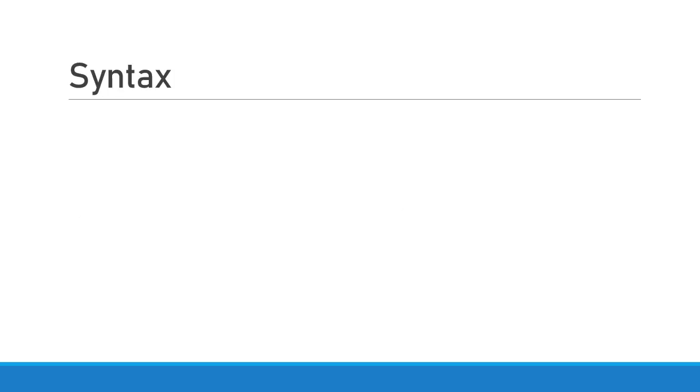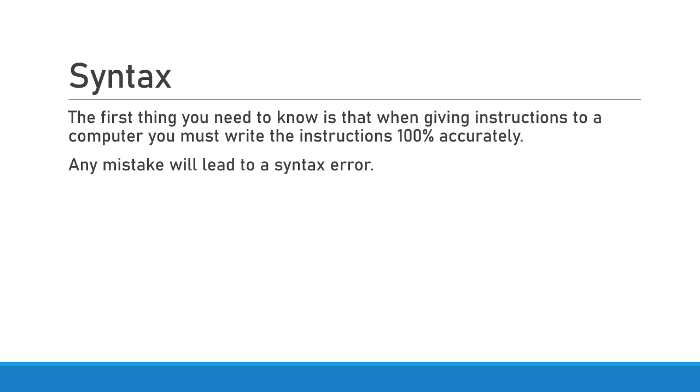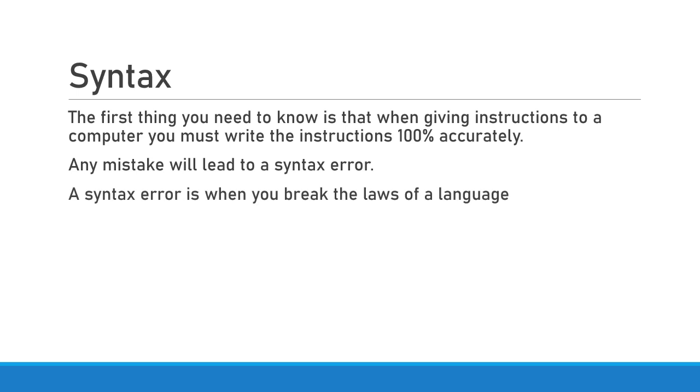So when we are talking to a computer, the syntax, the way we write it, is really important. It needs to be 100% accurate. Any mistakes lead to something called a syntax error. It's when you break the laws of a language. For example, if you spell something wrong in English, then technically you are causing a syntax error.